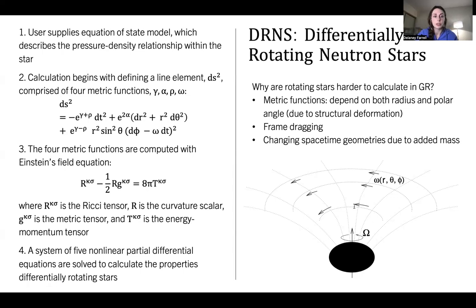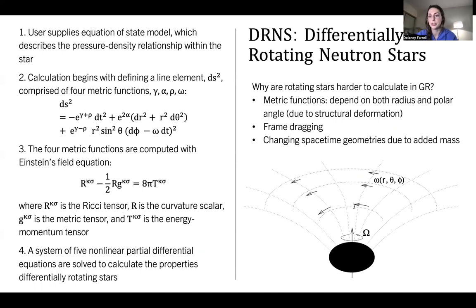The first is that the metric functions in rotating neutron stars depend on both the radial axis and the polar angle, while non-rotating stars have only a dependence on the radial axis. And the reason that the polar angle comes into play for rotation is that rapid rotation can actually deform the structure of the star, deviating from spherical symmetry. And we'll touch on that a little bit more in a moment.